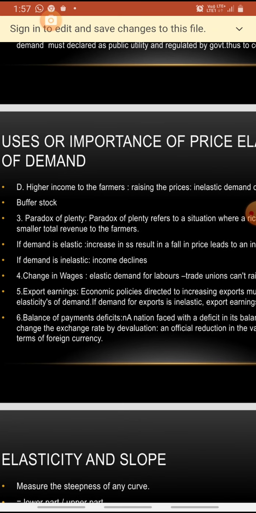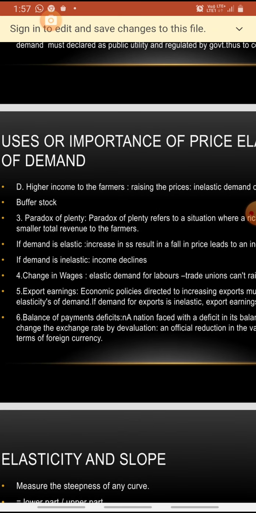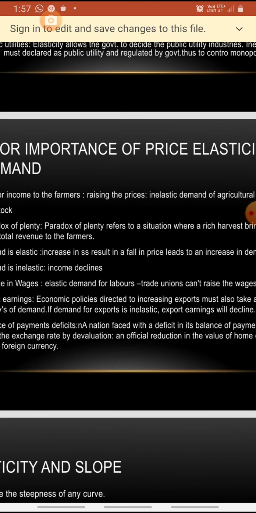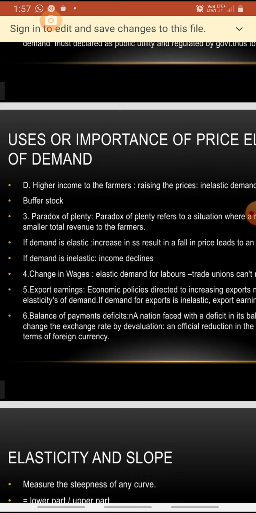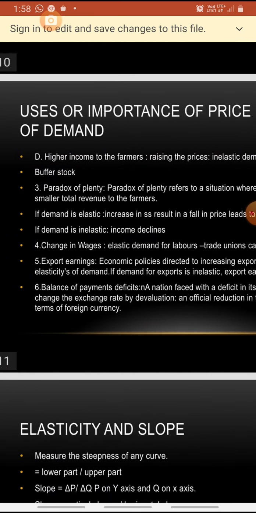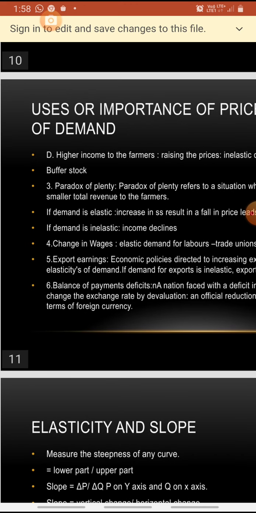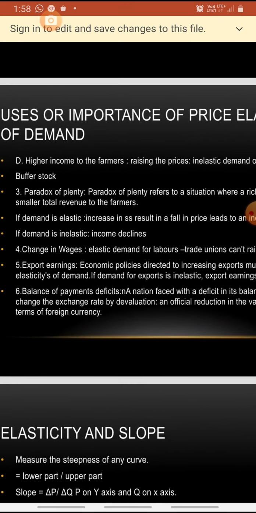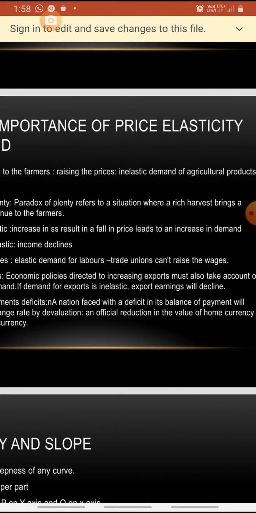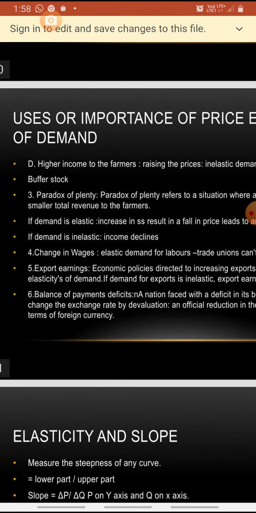Then it is used for explaining the paradox of plenty. Paradox of plenty is a situation where a rich harvest brings smaller revenue to the farmers, because the product is available in more quantity, so the price will be less. If demand is elastic, an increase in supply results in a fall in price, leading to an increase in demand.